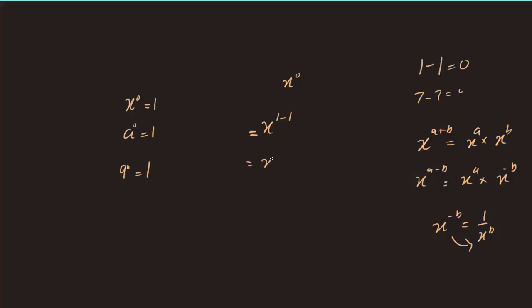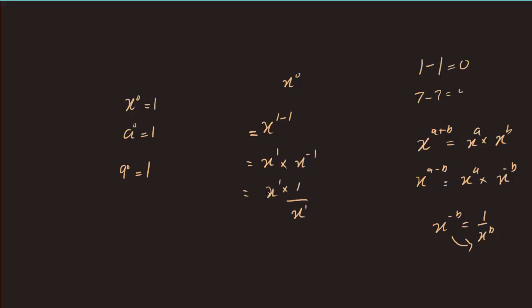For example, x power 1 multiplied by x power minus 1. Now we get x power 1, and the x power minus 1, the minus 1 goes to the denominator, so it is 1 over x power 1.